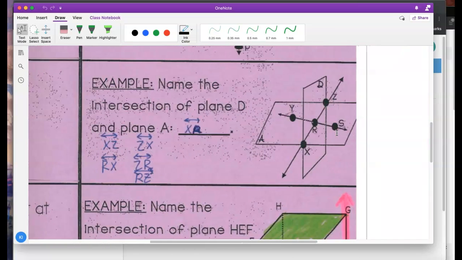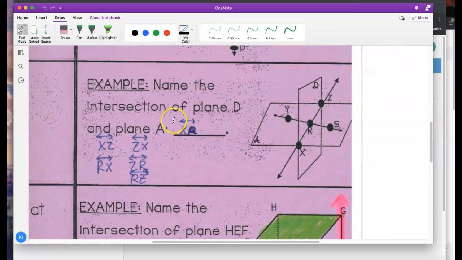This is kind of an intricate picture, and kind of hard for people to wrap their head around, but I've got two planes drawn in here, and I've got the intersection of plane D and plane A. I can use the uppercase letter D because it's like that cursive script letter in the corner. It doesn't have a dot next to it, which means it's not a point.